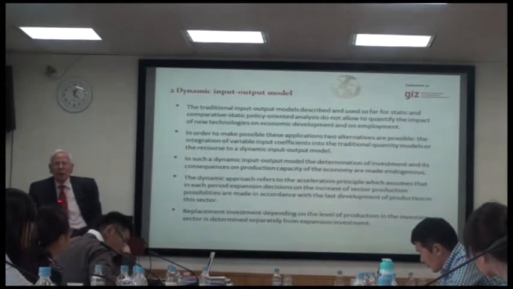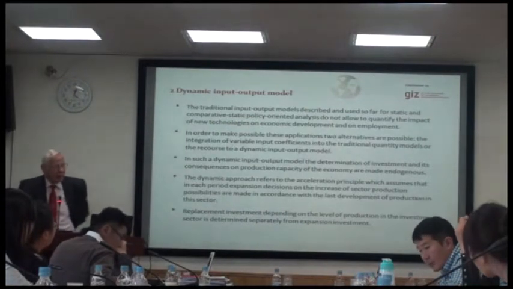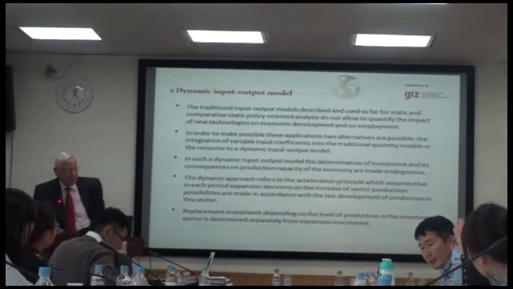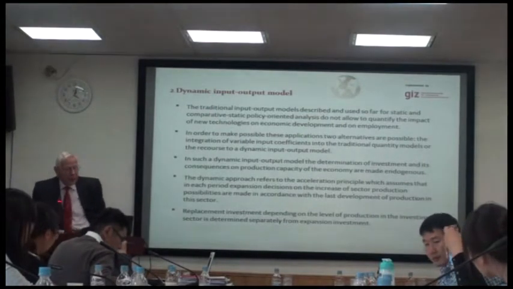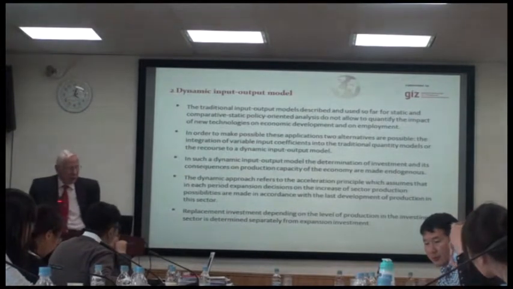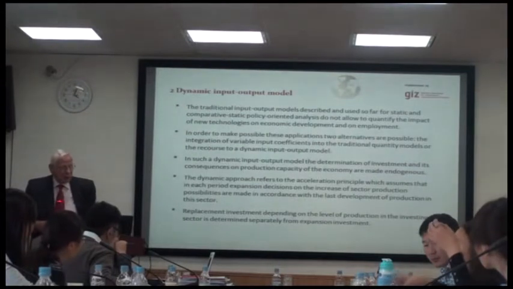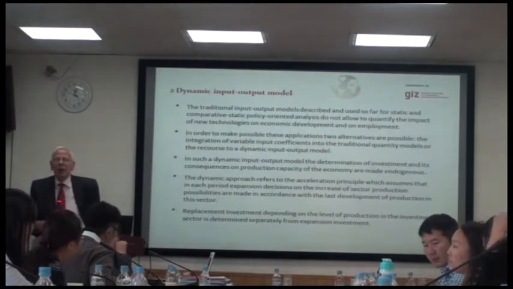Or you have the time and the money to construct a dynamic input-output model. But in such a dynamic input-output model, the determination of investment and its consequences on the production capacity of the economy are made endogenous.